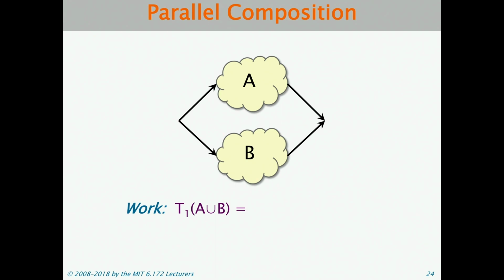It should still be T1 of A plus T1 of B. Yeah, so it's still going to be the sum of T1 of A and T1 of B, because you still have the same amount of work that you have to do. It's just that you're doing it in parallel, but the work is just the time if you had one processor. So if you had one processor, you wouldn't be executing these in parallel. What about the span? So if I know the span of A and the span of B, what's the span of the parallel composition of the two?